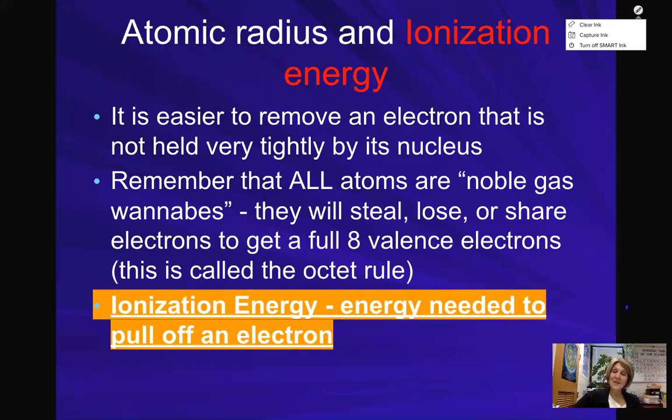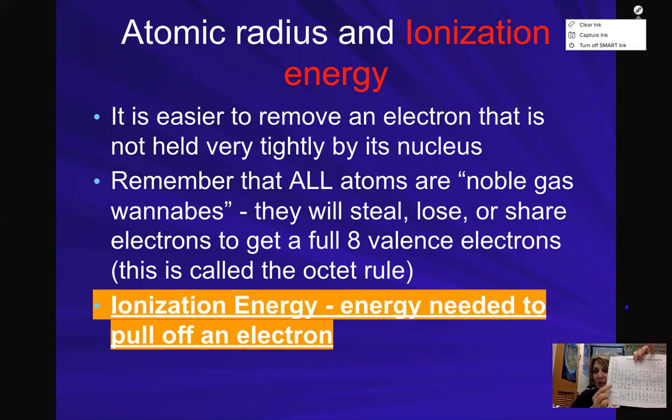All right, our next periodic trend is going to be ionization energy. All right, so now you're on this page that says ionization energy. And remember that it is easy to remove an electron that is not held very tightly by its nucleus. Remember francium?